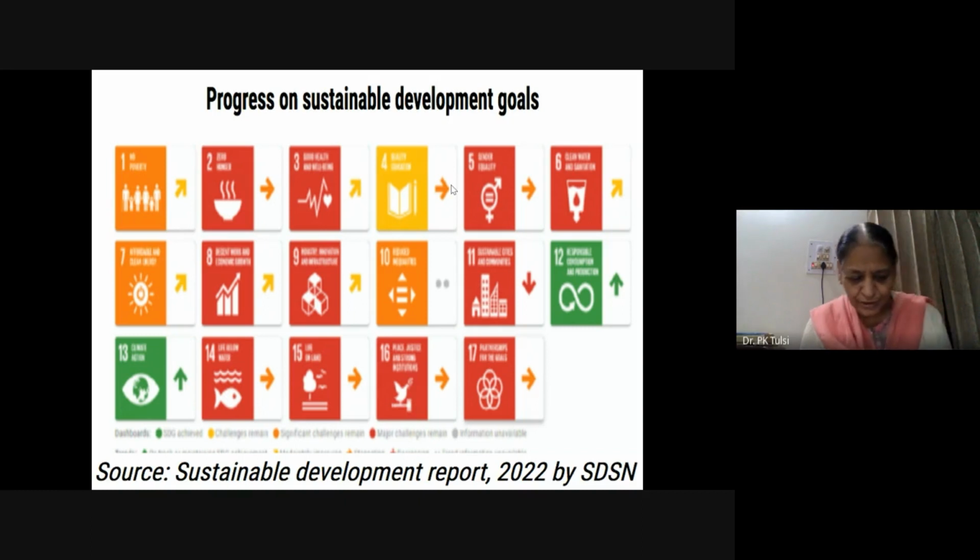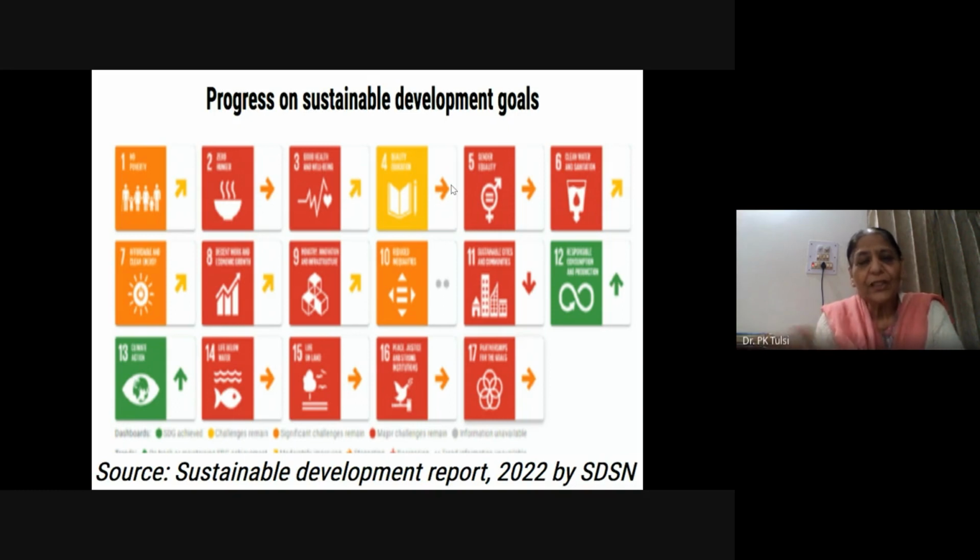So climate change has become a major issue for the various countries. Then it is said the ocean, life below water, conserve and sustainably use the ocean, sea, and marine resources for sustainable development. Let me not go into details of this, but if we try to analyze, and I would say most of you might have read this Sustainable Development Report 2022.